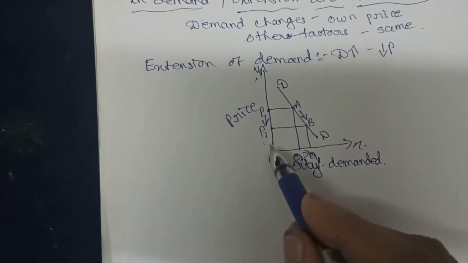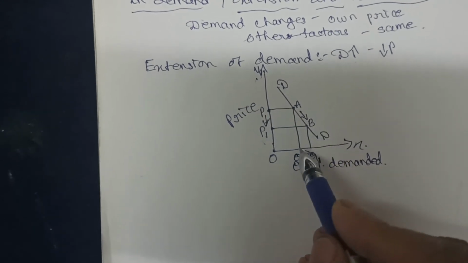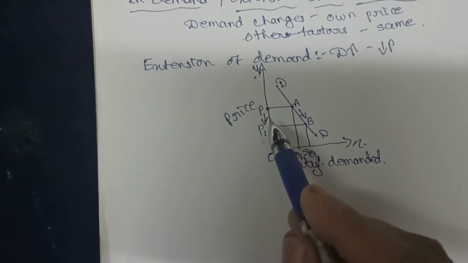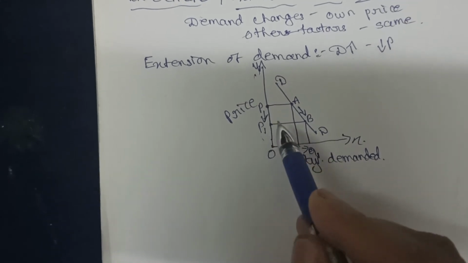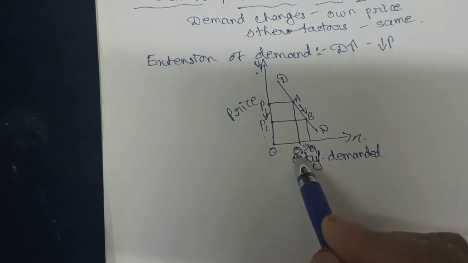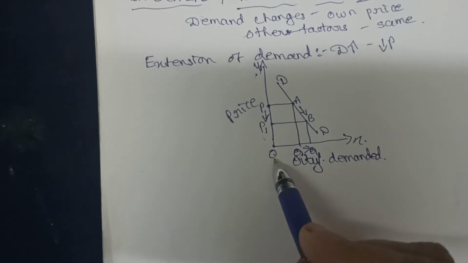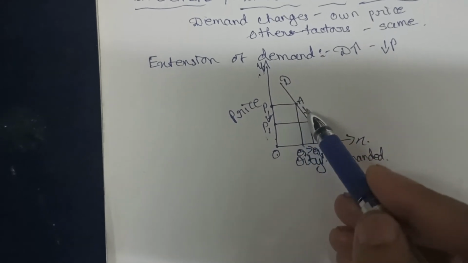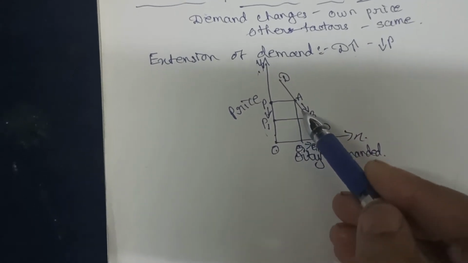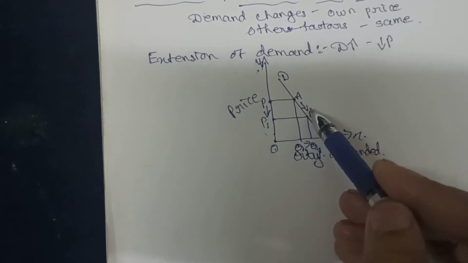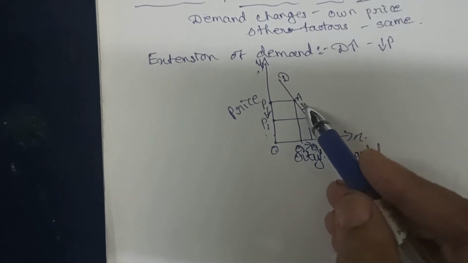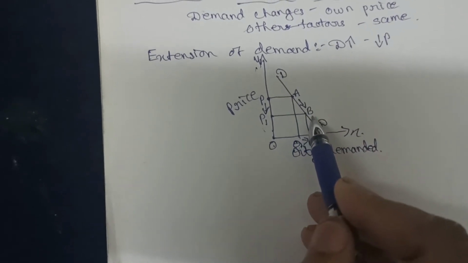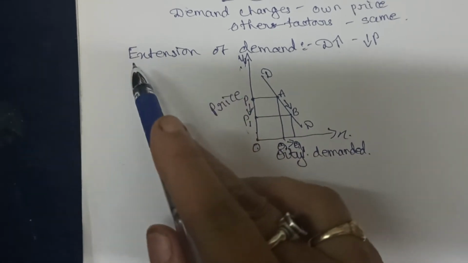When the price is OP, the quantity demanded at the beginning is OQ. Due to fall in price from OP to OP1, quantity demanded increases from OQ to OQ1. That is, there is a downward movement on the same demand curve from point A to B, or the movement is on the same demand curve from left to right, and that is called extension of demand.